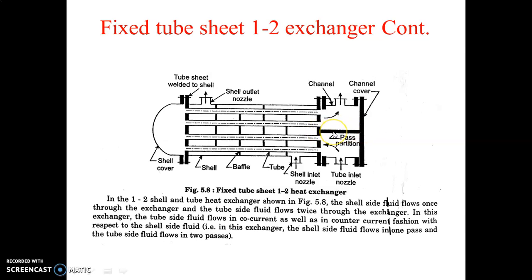This is called a pass partition, and it is used for the tube side entry and exit of the fluid. On the other side of the shell, the shell cover is clamped to the tube sheet.